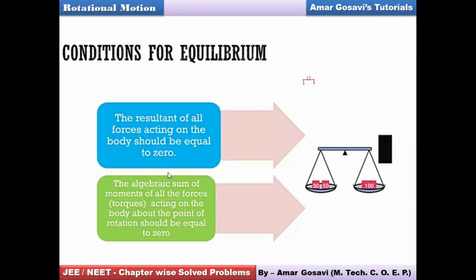So either the forces acting on the body should be zero or the torques acting on the body should be zero. The total torque or the total force acting on a body should be zero for the two types of equilibrium. Here we are talking about static equilibrium in specific. Please make a note of it and then we proceed with greater details. Let me know once you're done with it.